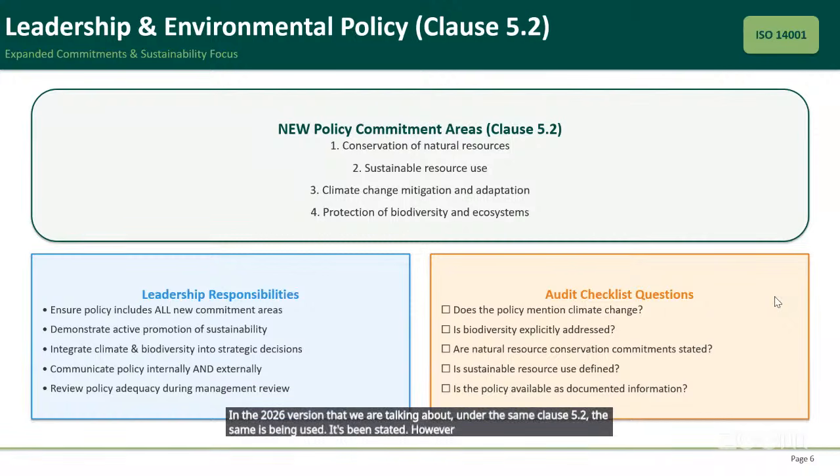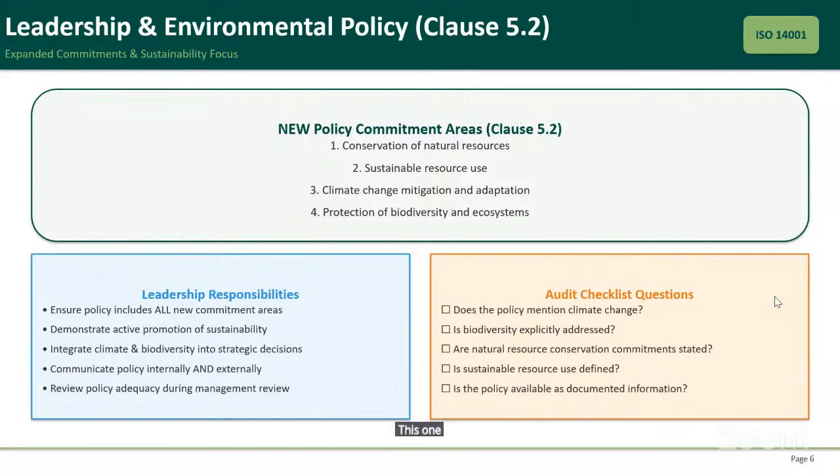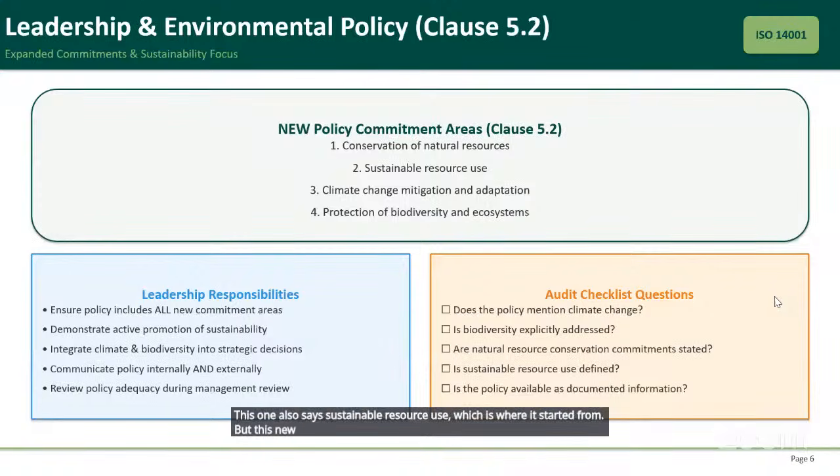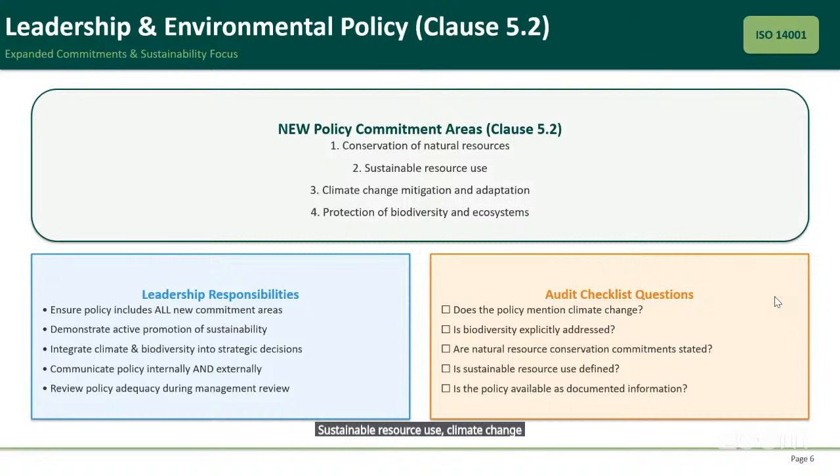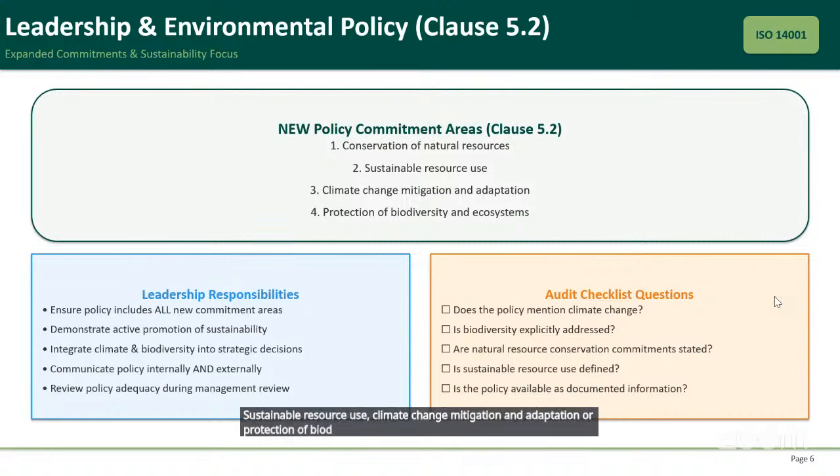However, there is inclusion of preservation or conservation of natural resources. The earlier version just said sustainable resource use, which is where it started from. But this new version now focuses on preservation and conservation of natural resources before we have what we had in the earlier version, which is sustainable resource use, climate change mitigation and adaptation, or protection of biodiversity and ecosystems.